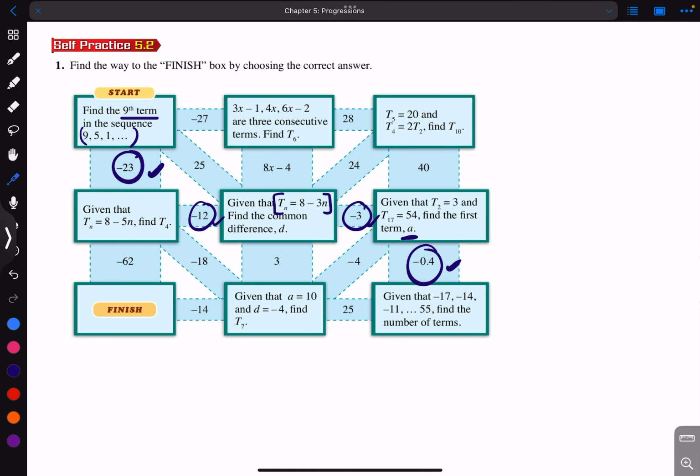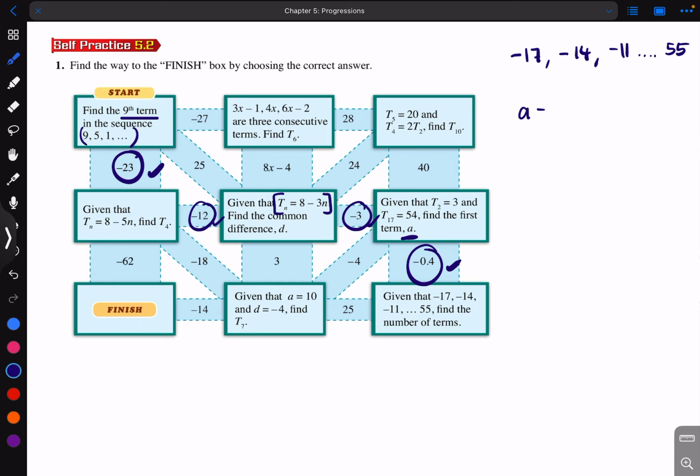So they gave us negative 17, negative 14, negative 11 as part of the sequence. Got some numbers here and then it gets to 55. Find the number of terms. Right. So here our sequence is negative 17, negative 14, negative 11, and then it gets to 55. We want to find which term is 55. Okay.